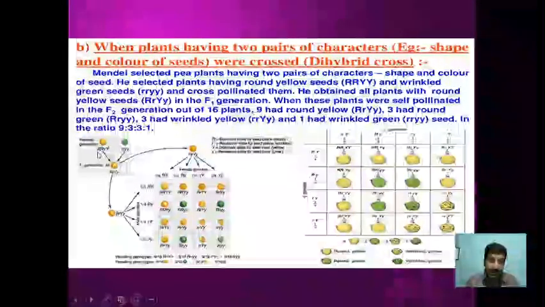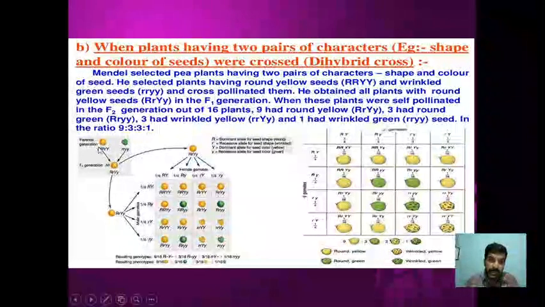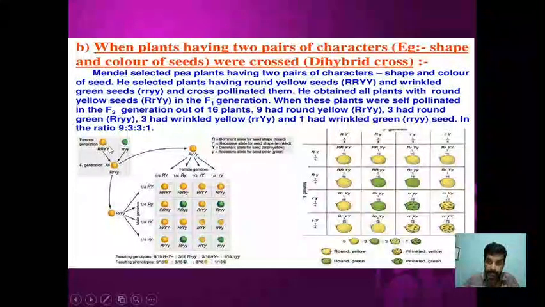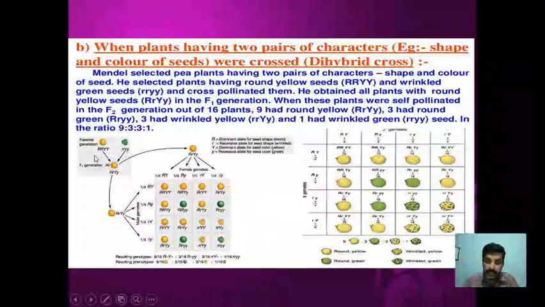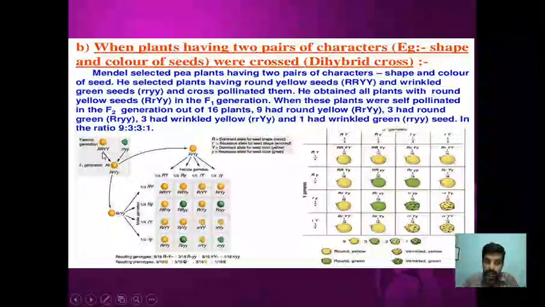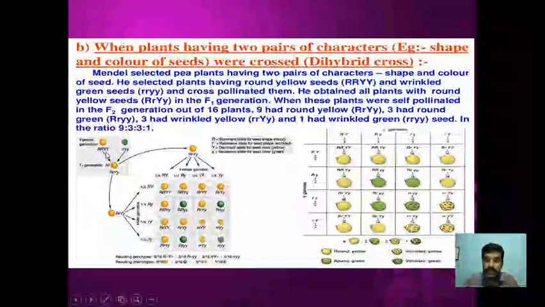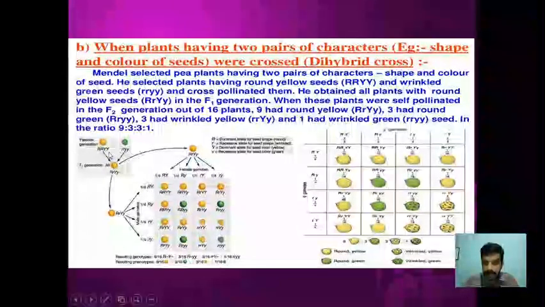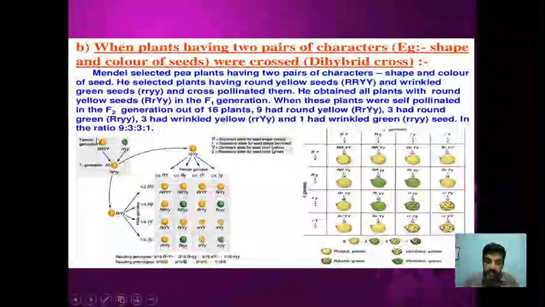Suppose here in the parent he has taken round and yellow traits, right? So the plants having round seeds with yellow color. How many alleles do you have to write? For roundness, two alleles, capital R and capital R, and for yellowness, capital Y and capital Y. So they are together, which means we have to consider them together.